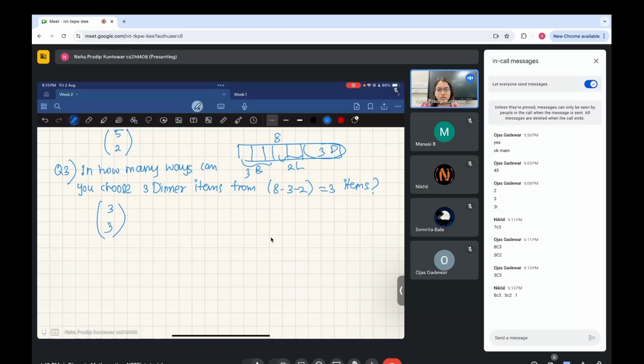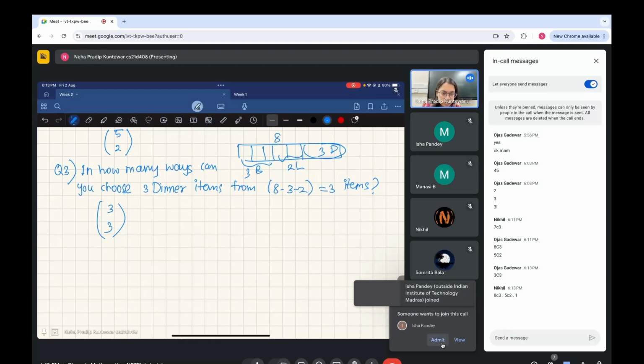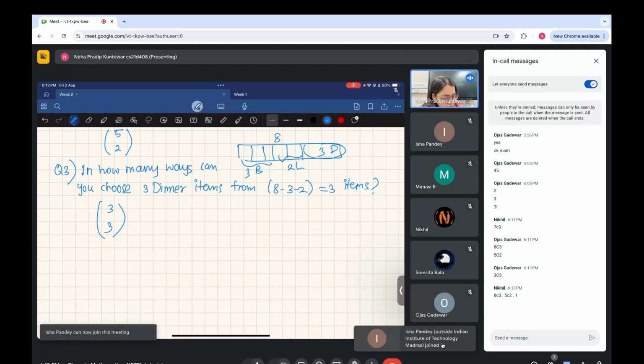Okay, good. So the answer is, you are going to multiply them because all of these events are essentially happening independently. The choices for breakfast were independent of the choices for lunch and so on.